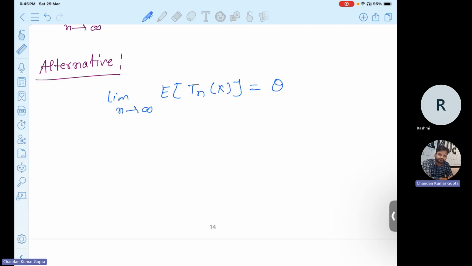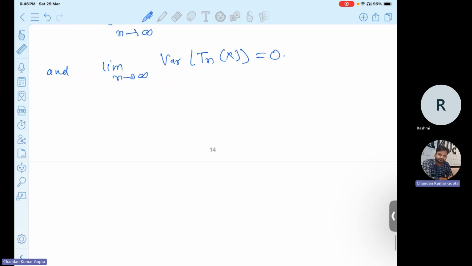That means the unbiasedness condition may hold for large n, and the limit as n tends to infinity of the variance of this estimator equals 0. So if for large n the expected value gives the parameter value and the variance gives 0, then it is said to be a consistent estimator.